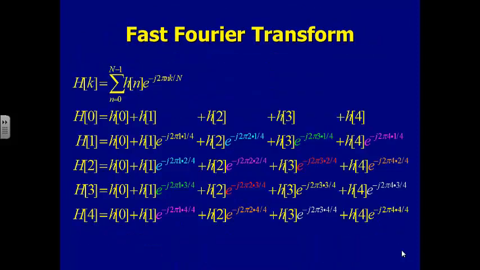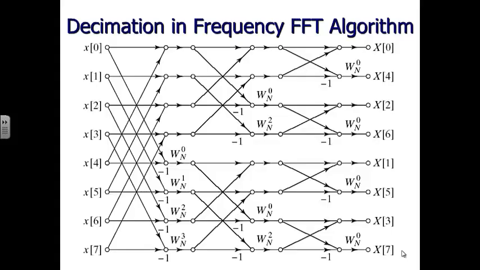But if you actually wrote out the terms of the transform, you would see a couple of things happening. First of all, some of these exponentials keep happening over and over again. And so if you're smart, you don't recompute these every time you need them. You compute them once and put them away. So I can save some computation that way. The other trick is this. It's called a butterfly diagram. Each of these arrows represents a multiply, and each of these dots is a sum.